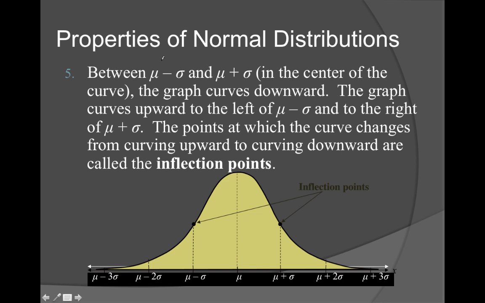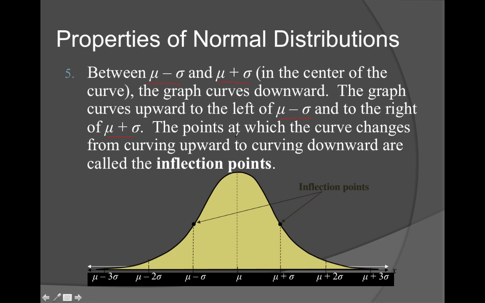Between mu minus sigma, so this means between the mean minus 1 standard deviation and the mean plus 1 standard deviation, the graph curves downward. The graph curves upward to the left of the mean minus a standard deviation and to the right of the mean plus a standard deviation.